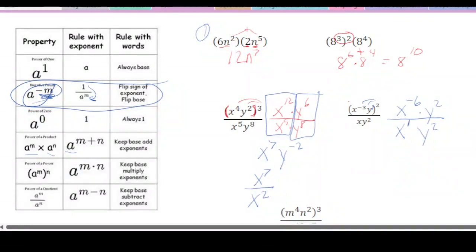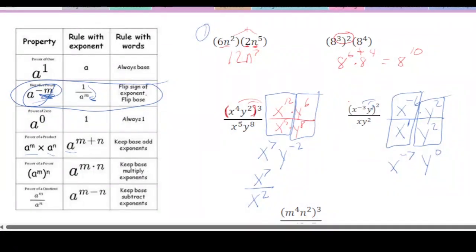Okay, now y squared over y squared gives me y to the 0. x to the negative 6 over x to the 1, again, subtraction rule, that's going to give me x to the negative 7. Negative 6 minus 1 is negative 7.